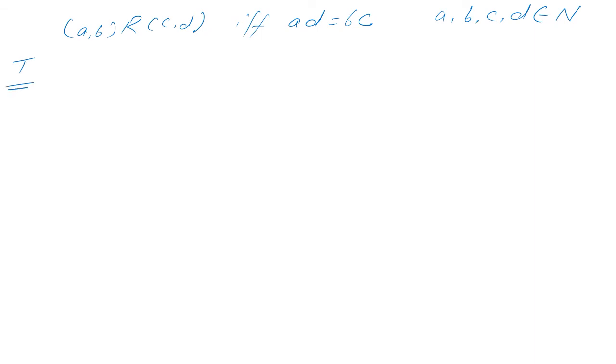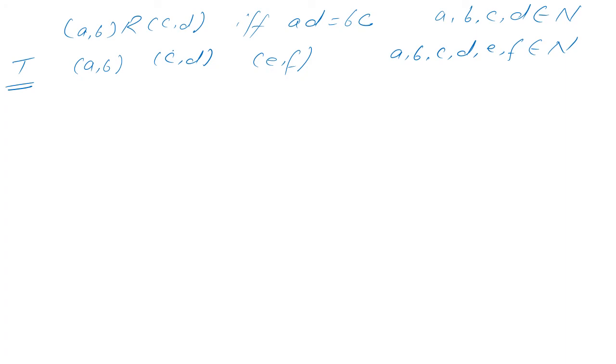Now we have to check for transitivity. Transitivity basically means if a is related to b and b is related to c, then a should be related to c. That means I now need three pairs. Let's say (a, b), (c, d) and (e, f), such that a, b, c, d, e, f are all natural numbers.